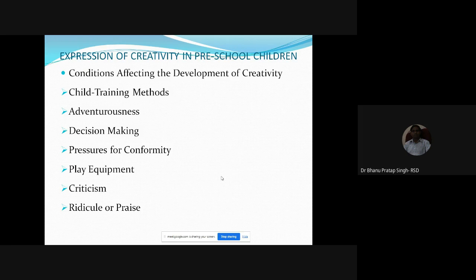Decision making is also one of the most important, because once a child faces some issues and some hurdles during some creative activity, then he or she has some level of decision making.